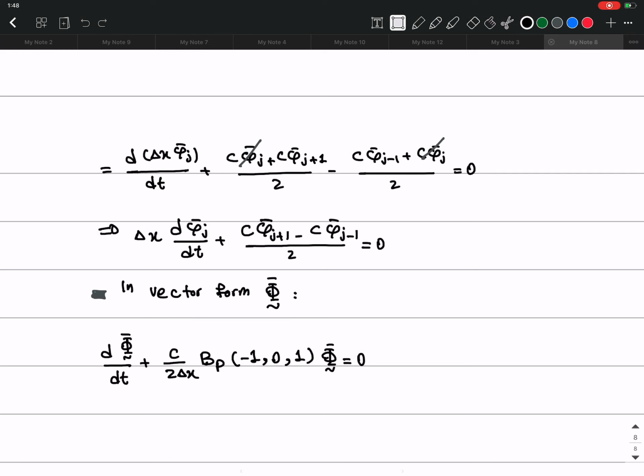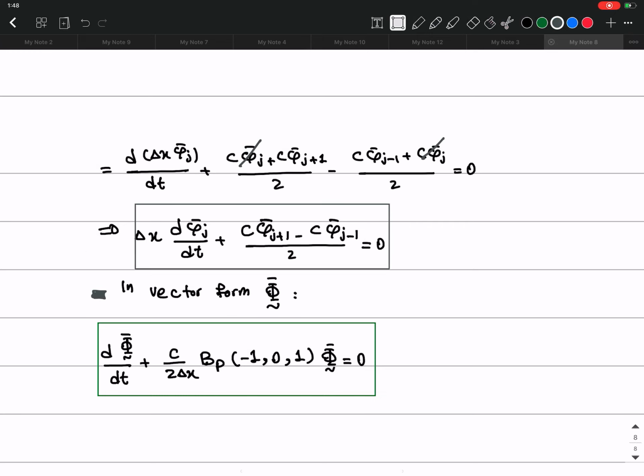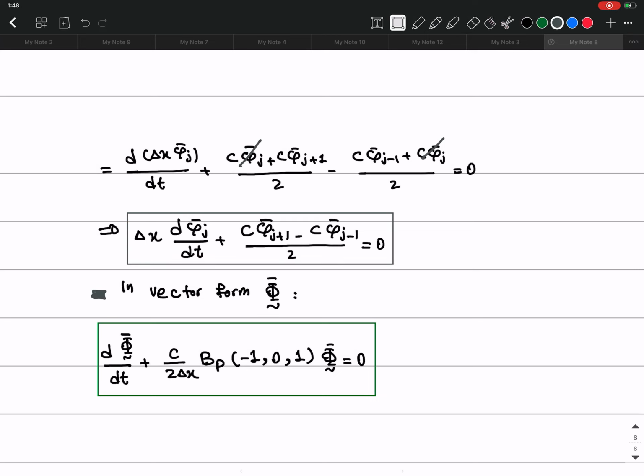Okay, so let me show it with this. And this is only if you do it with one component, and the other one is for the whole system. Okay, when you do it for vector, in vector form for the whole system, and this BP is a circulant tridiagonal matrix.